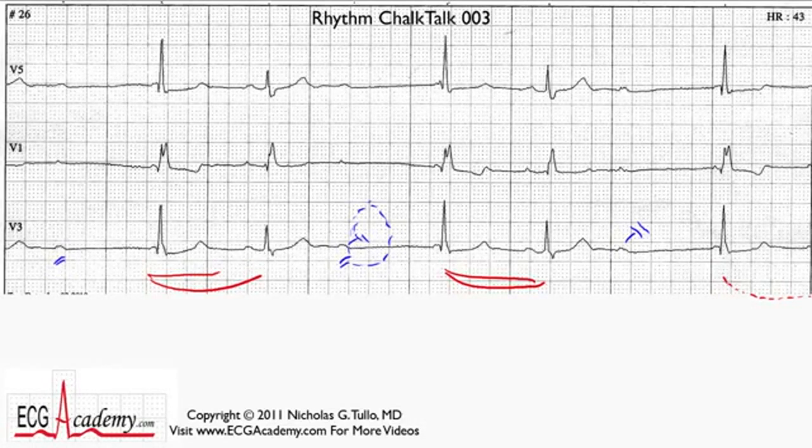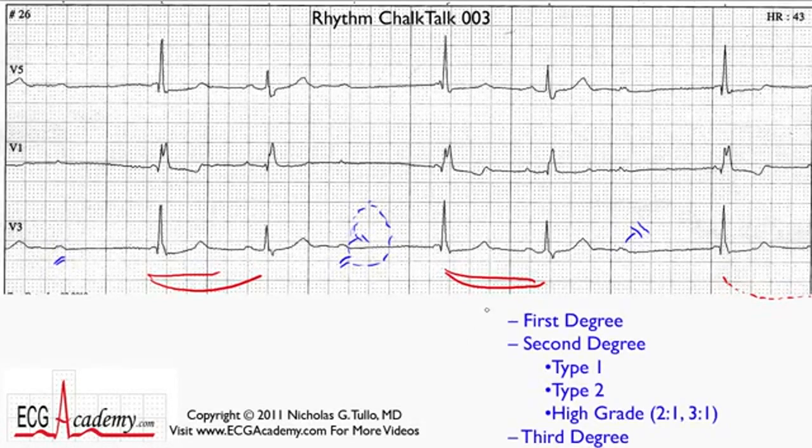And so let's review our classification of AV block. Because a lot of people would look at this and say, well, there's P's and there's QRSs and they're all over the place. Could this be third degree, complete heart block? And the answer is no. In order to have third degree AV block present, none of the P waves should be getting through. If none of the P waves get through, then the ventricular rhythm has to be some kind of escape rhythm.